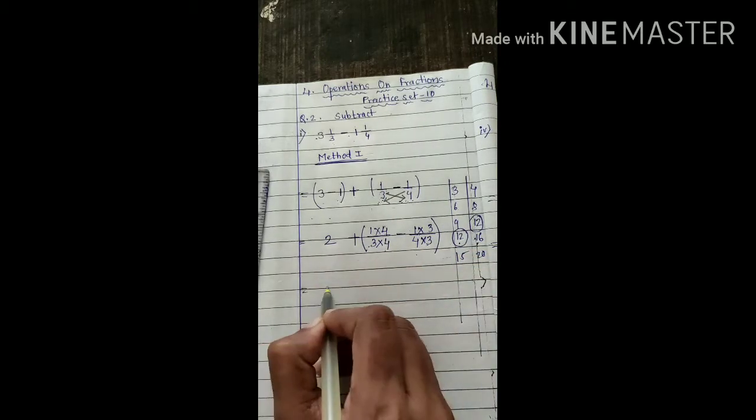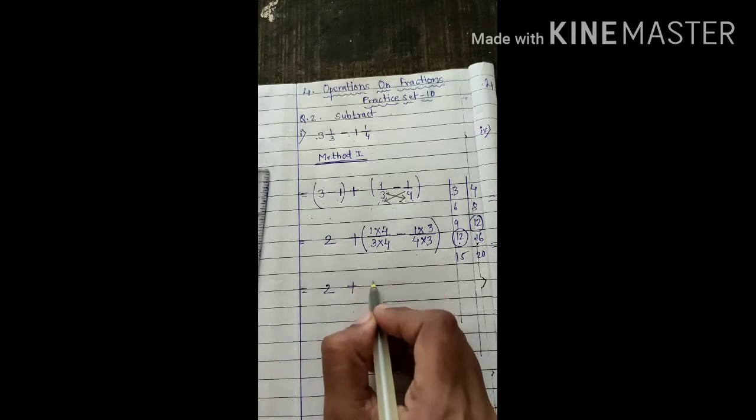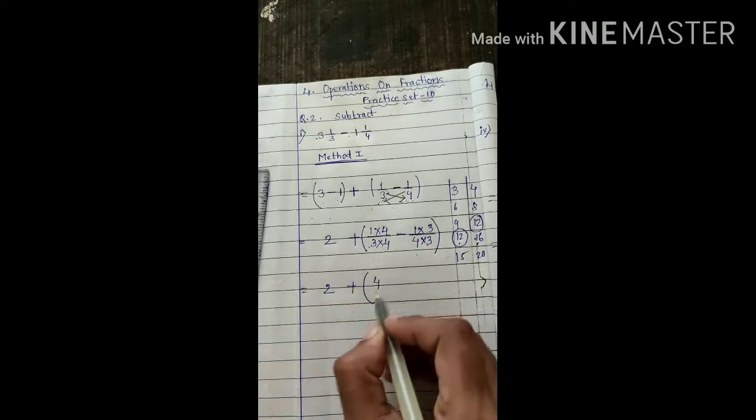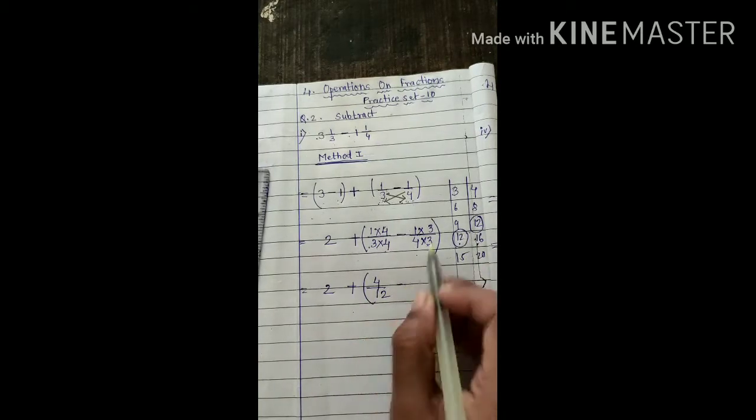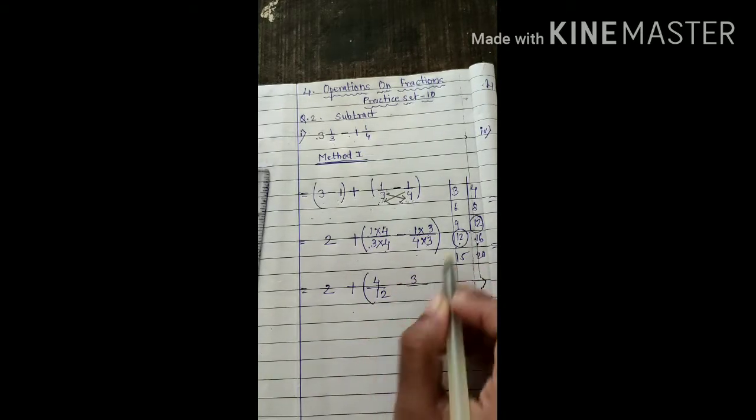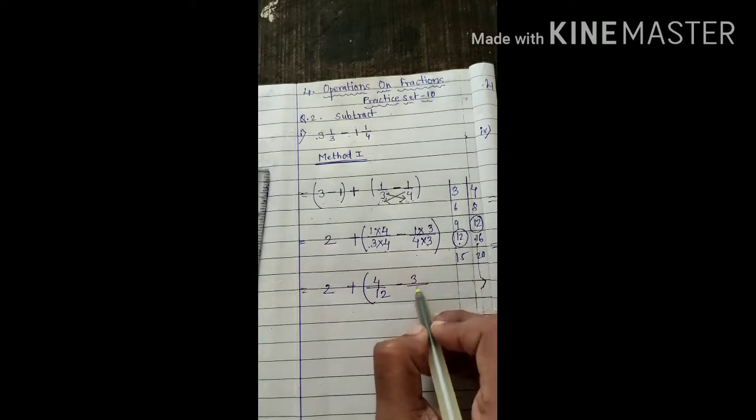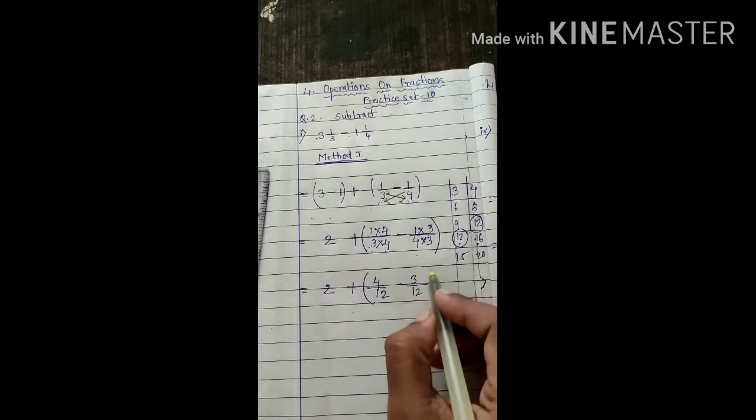So write the 2 as it is. 4 1s are 4, 4 3s are 12, 3 1s are 3, 4 3s are 12.